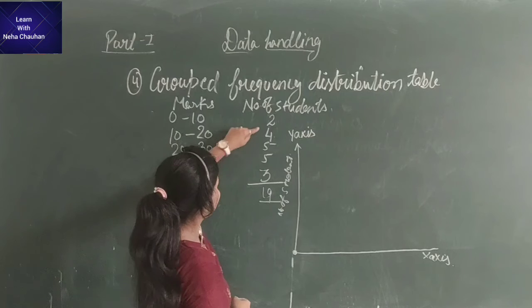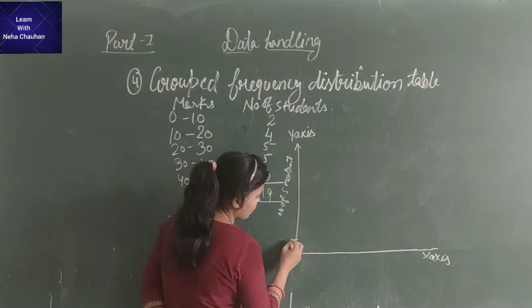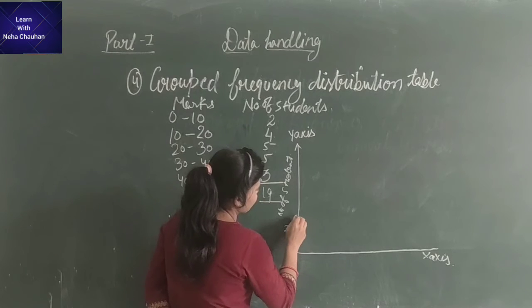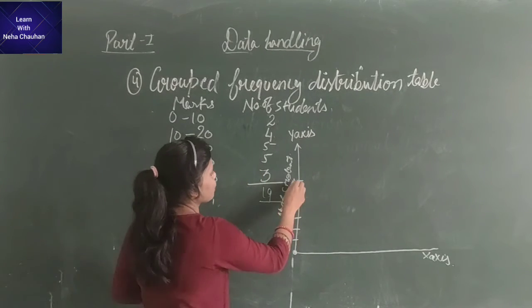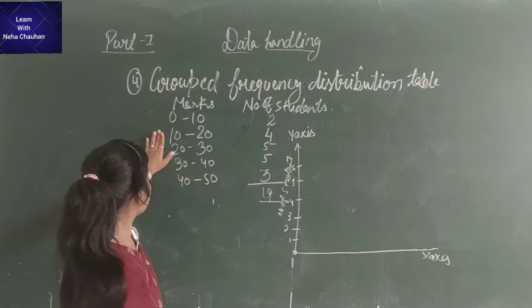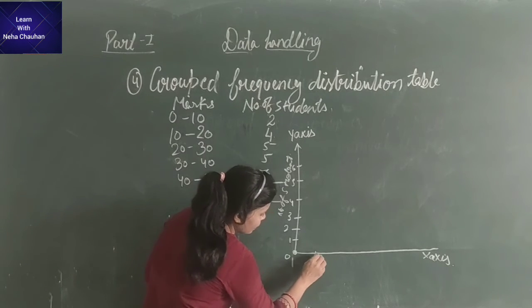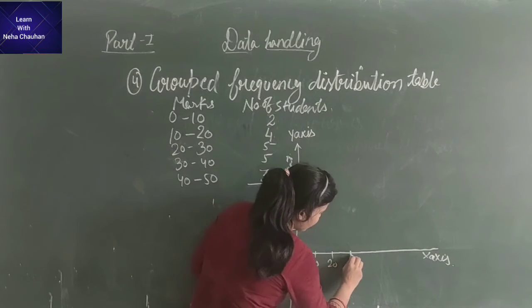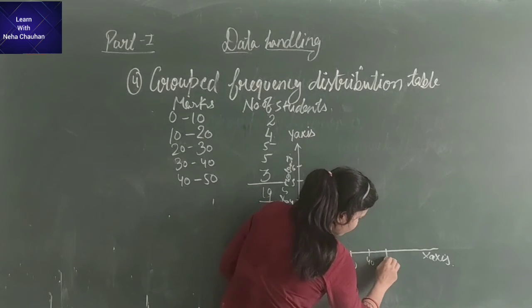So I have 2, 4, 5, 5, 3. So I can take 1, 2, 3, 4, 5. This is the maximum number and these 6. All right. Now class interval. This is 0 to 10, 10 to 20, 20 to 30, 30 to 40, 40 to 50.